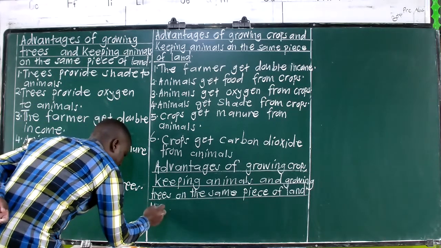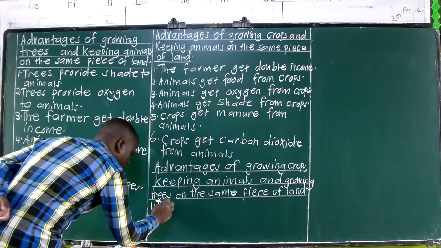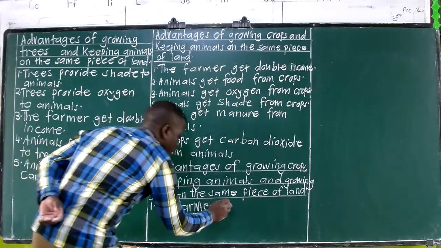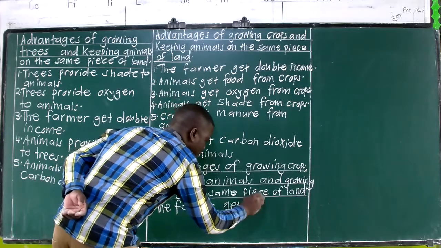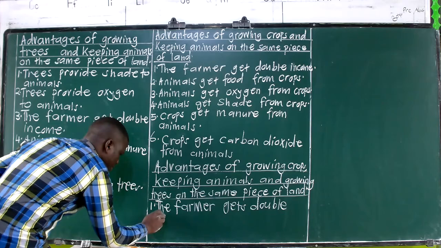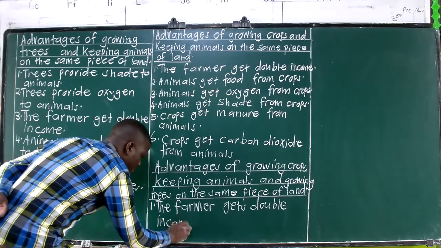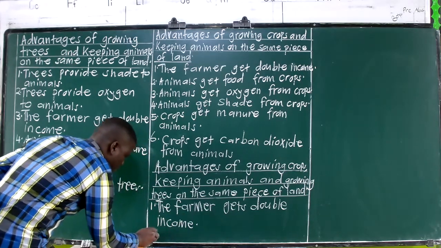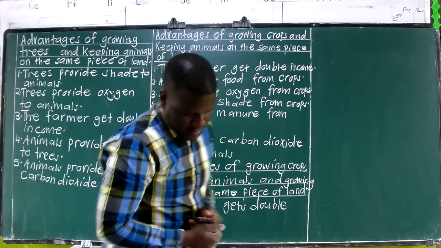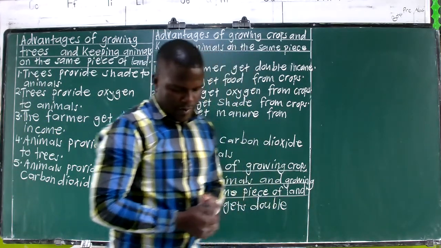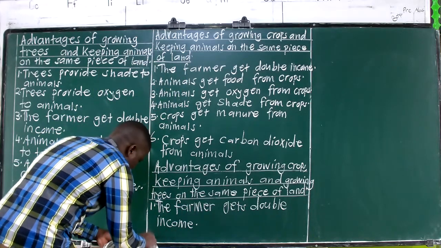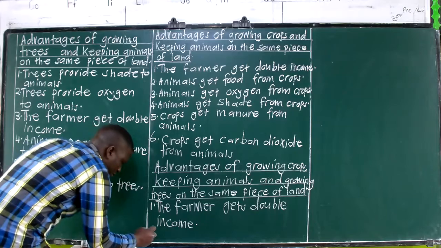Here, the farmer gets double income. Then trees provide oxygen to animals.